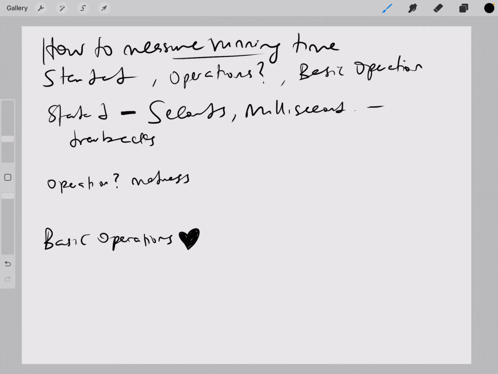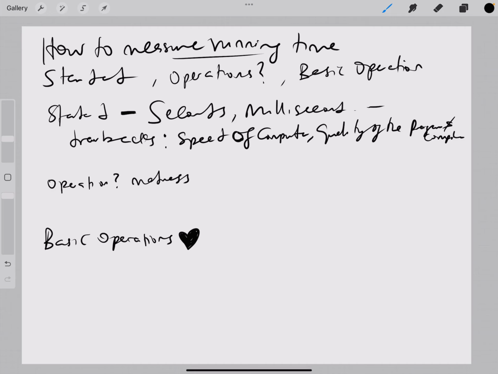The problem with this is that, number one, it will depend on the speed of the computer being used. It will also depend on the quality of the program and compiler. And finally, it's very difficult to actually measure the clocking time of a computer.